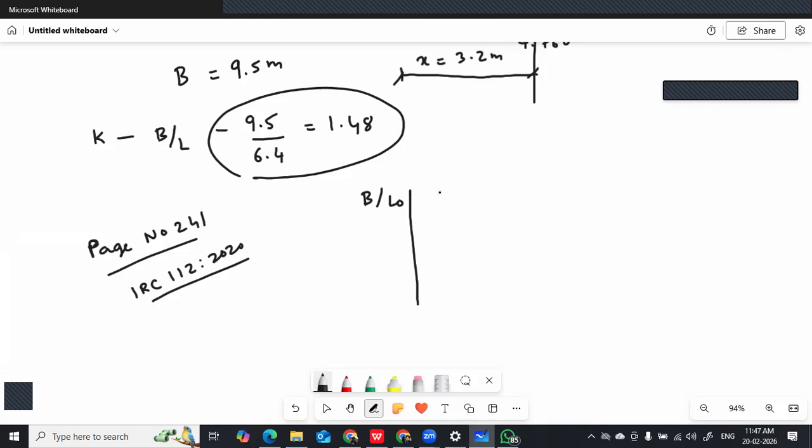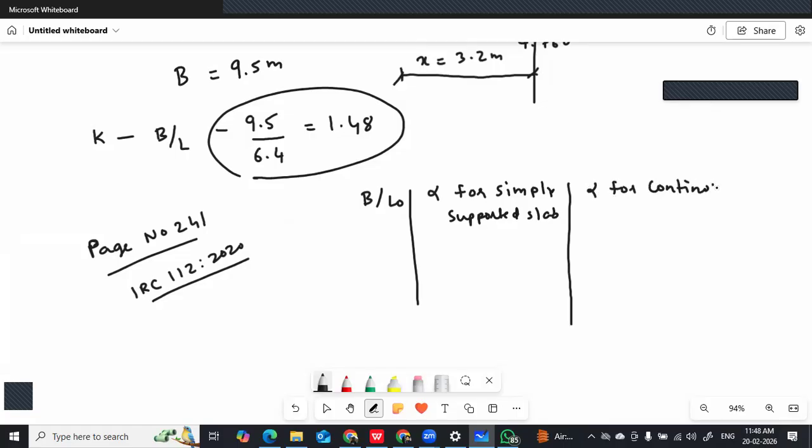In the code, they have given alpha, but in our discussion, we have written K. Alpha for simply supported slab, and they have also given alpha for continuous slab. So what is our slab?